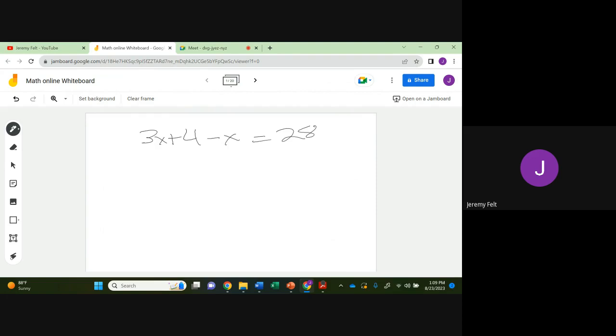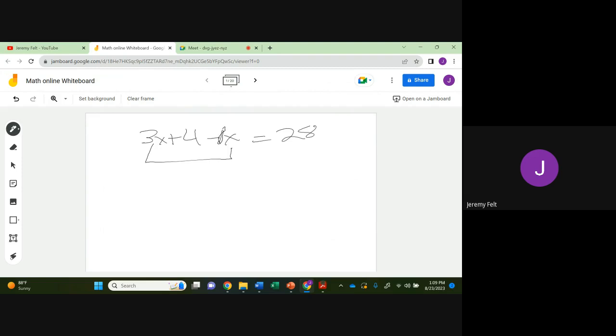But since these are the same terms, x and x, I can combine these like terms. If it was x squared, then I couldn't add or subtract it. But since it's just x and x, I can combine them. So 3x minus x, or we could write in the coefficient.